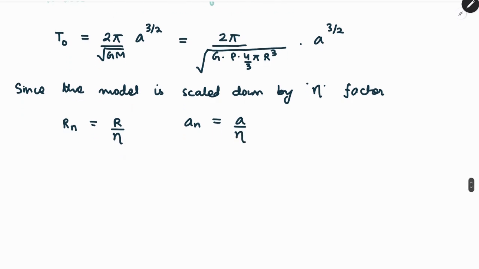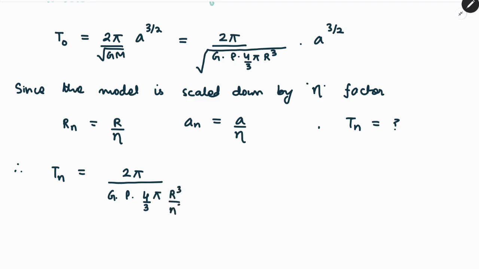So if we rearrange these terms, then we will get T new, or the new time period. So the new time period that we obtain equals 2 pi by root over G rho 4 by 3 pi R cube by eta cube, a to the power 3 by 2, so A by eta to the power 3 by 2.